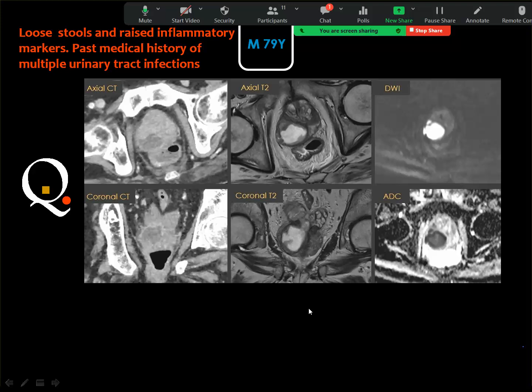I don't know the exact underlying etiology, but if you are confronted with a case similar to this, and if you asked about the clinical data of the patient and they said no medical history, as frequently happens in our exams, then you have to say that this is a communication between the urethra and the rectum indicating recto-urethral fistula.